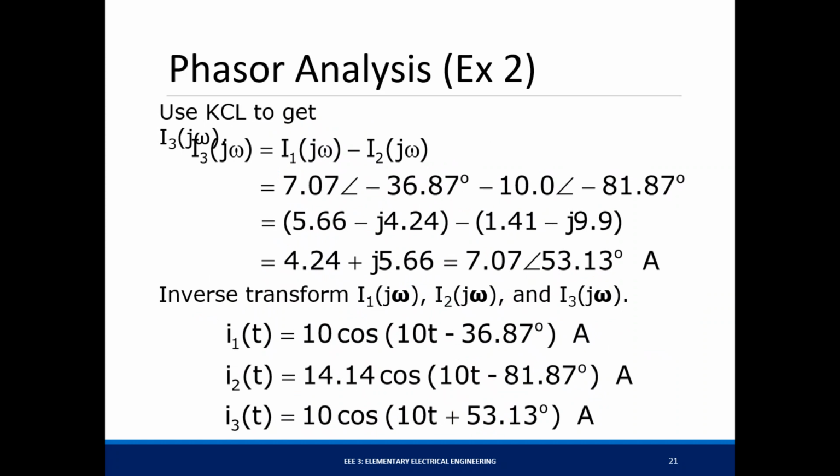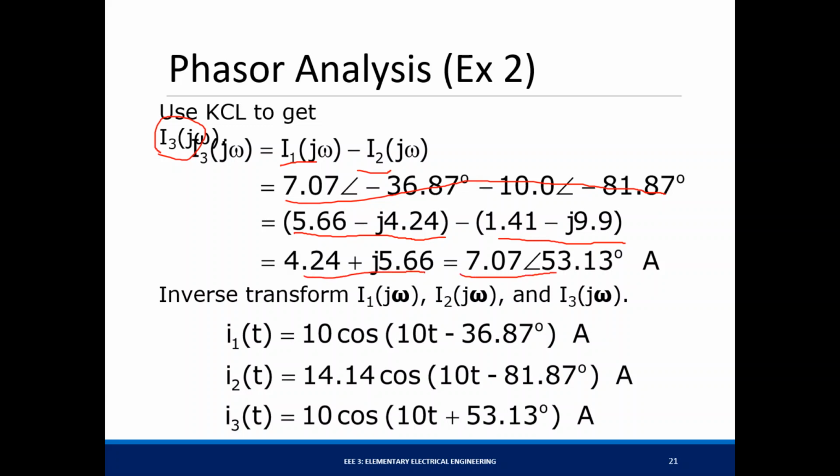Okay. And finally, you can use KCL to get the value of the third current I3 of omega, and it's equal to I1 minus I2, which is this. Convert this into rectangular form, add the real part, add the imaginary part, you get this.